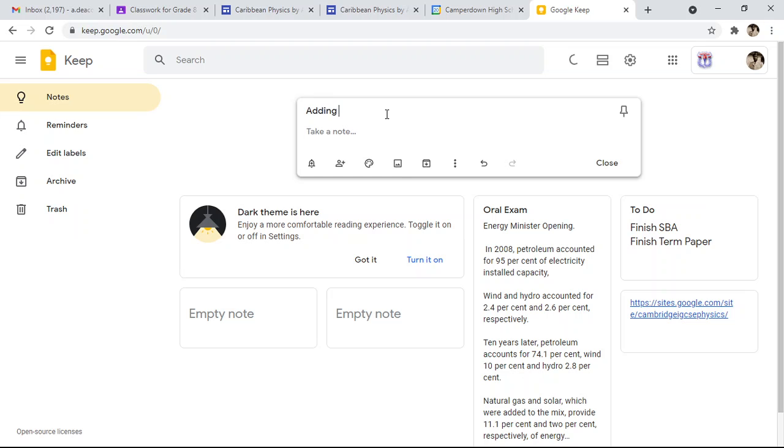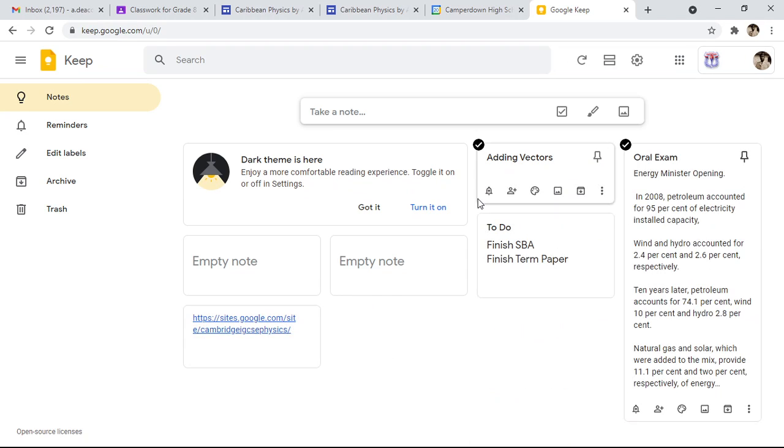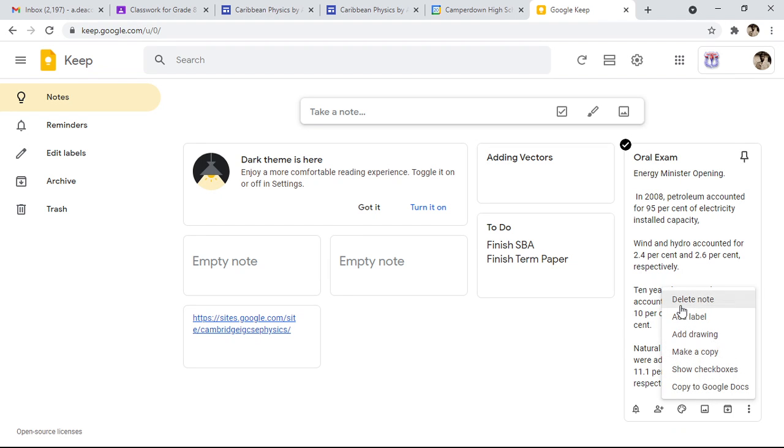So, adding vectors. Alright, so let me just get rid of all these additional things.